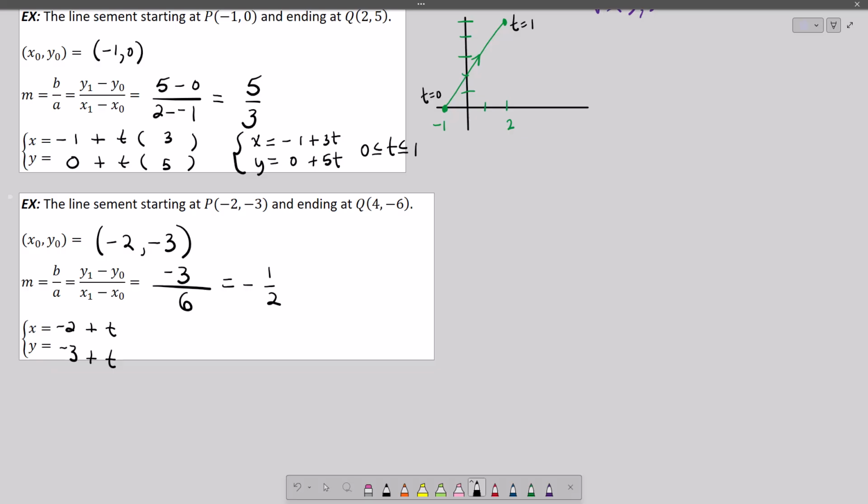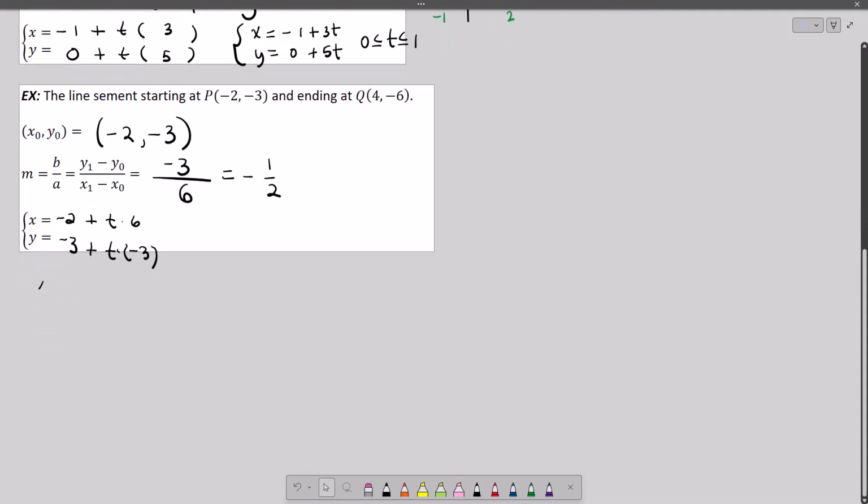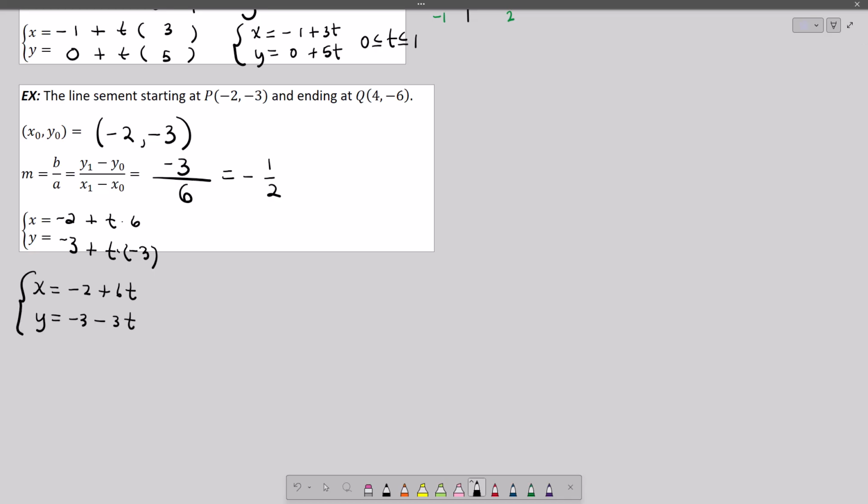If we want to be super original, we say the change in x here is 6, and the change in y is -3. And we would have the equation -2 plus 6t, and the y equation would be -3 minus 3t. And let's check our interval. Let's draw a little picture. We're starting at -2, -3. We don't have to get very precise, but somewhere down here. And then we're going to end at 4, -6, so somewhere down here.